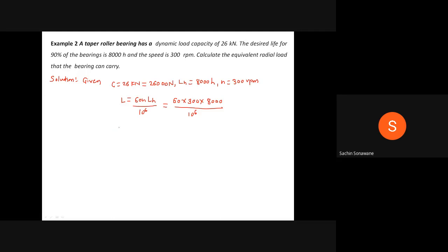Therefore, L is equal to, please calculate what is the life in million revolutions. 144 million revolutions.